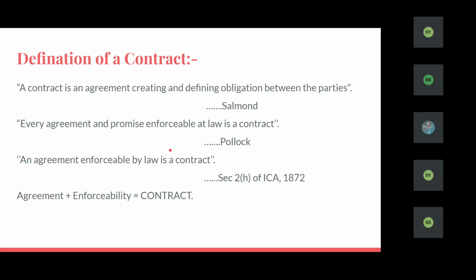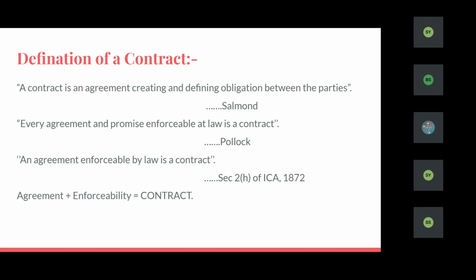Yeah, both of them were jurists. Now, our Indian Contract Act 1872 has also defined it.